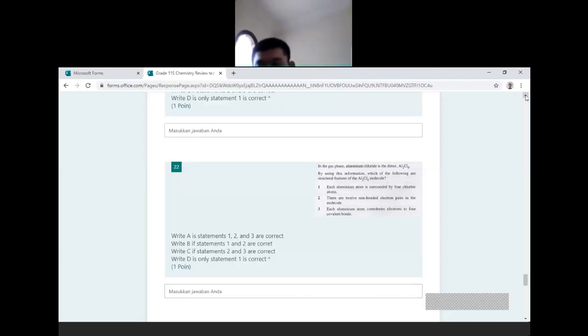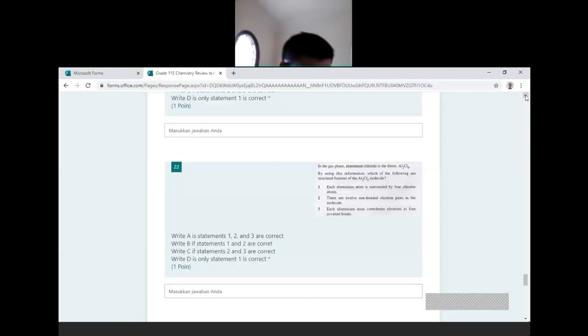By using this information, which of the following are structural features of the Al2Cl6 molecule? The feature is only number 1. Each aluminum atom is surrounded by 4 chlorine atoms.